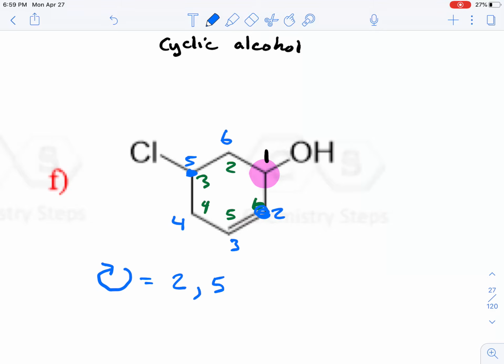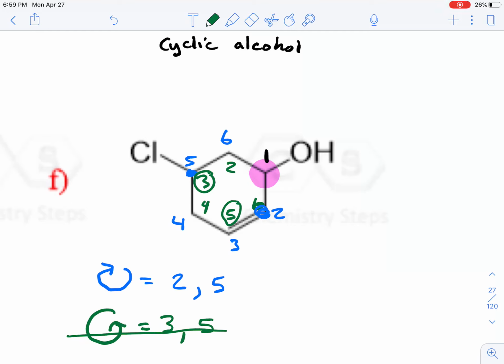Okay. If I go counterclockwise, I have something on 3, and then I have something on 5. So my double bond starts at 5. Okay. And so in this case, counterclockwise is probably not favorable, just because we'll get a higher number in one of those values.